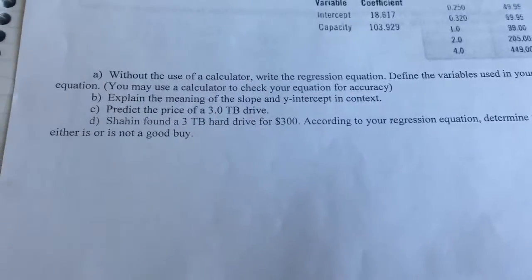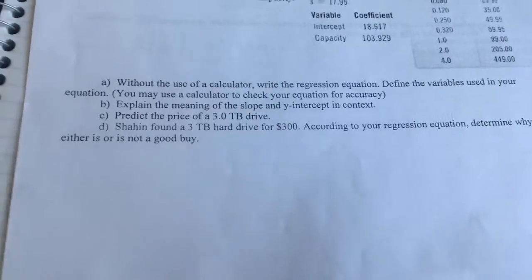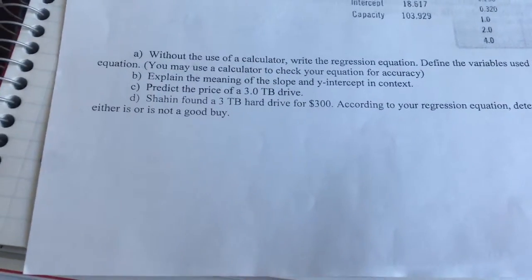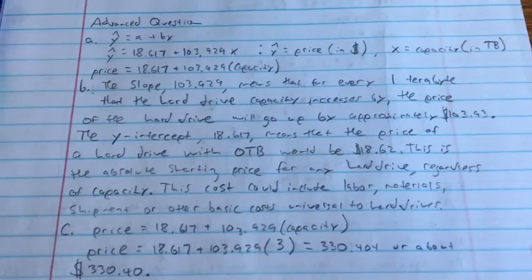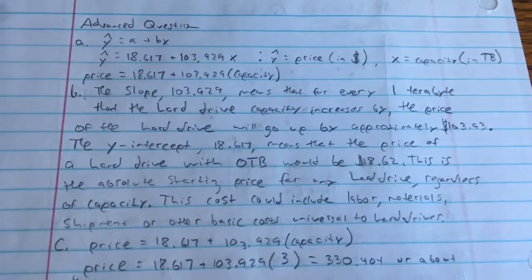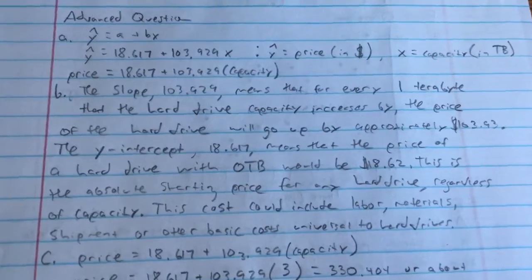Part B asks us now to explain what the slope actually means, as well as the y-intercept in context. So the slope is 103.929, which means that for every one x value, the y value will increase by 103.